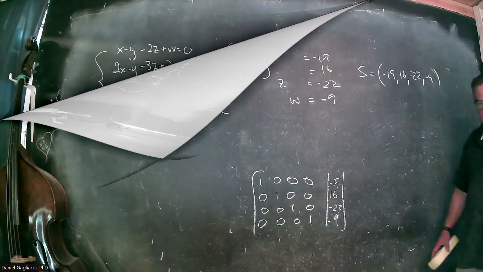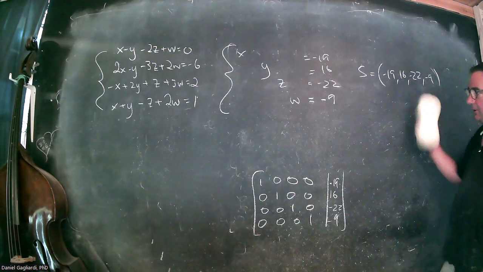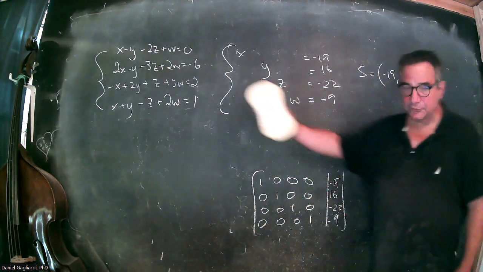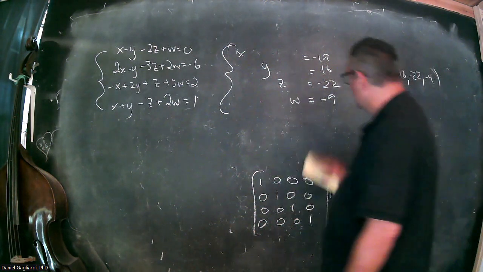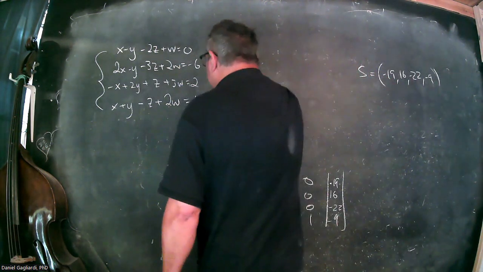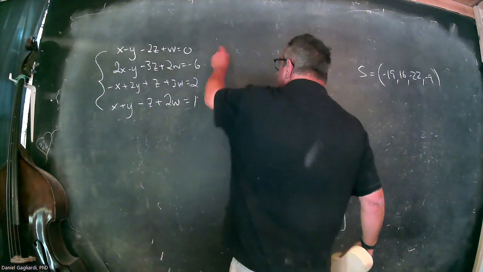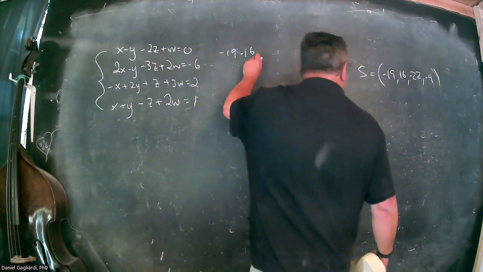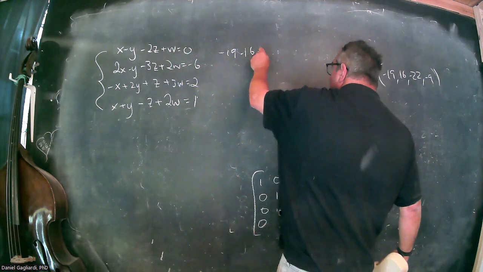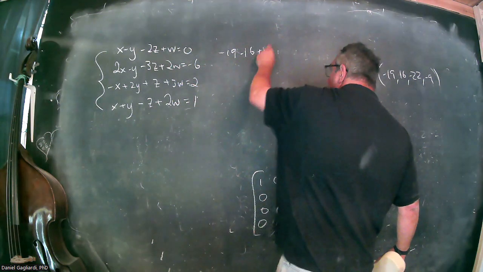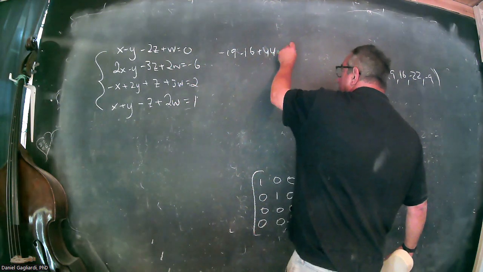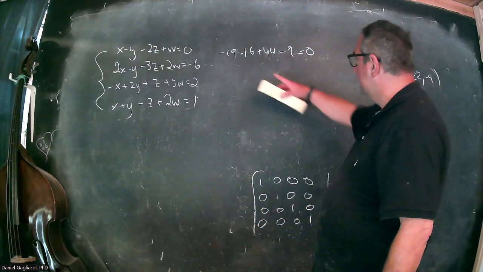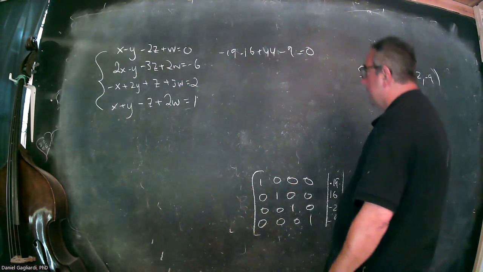Good. So the next step is to check our solution and make sure that the solution we obtained is the solution to the original linear system. All right, so let's do that. Okay, so what do we have? We have negative 19. Negative 16, negative 2 times 22 is positive 44, and negative 9, and we want to see if that's equal to 0. Well, let's collect the negative people, right?